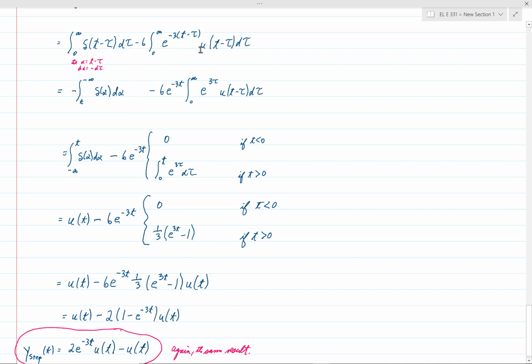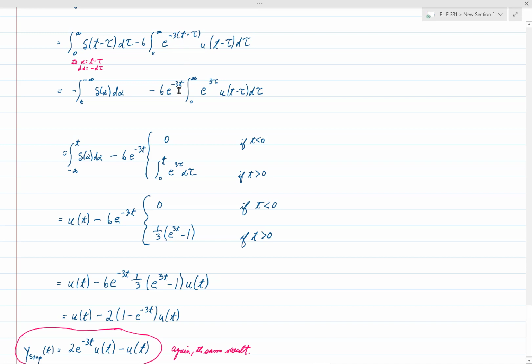Now let's look at the second term. We bring down the negative 6. Now notice that this e to the minus 3 times t minus tau can be rewritten as e to the minus 3t times e to the 3 tau. And e to the minus 3t, as far as this integral over tau is concerned, is just a constant, so it can come outside of the integral.